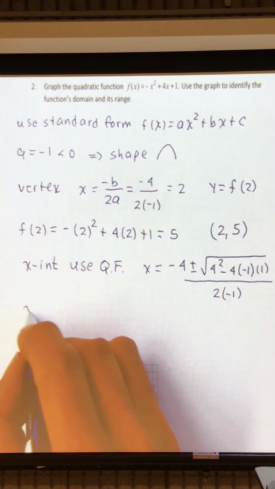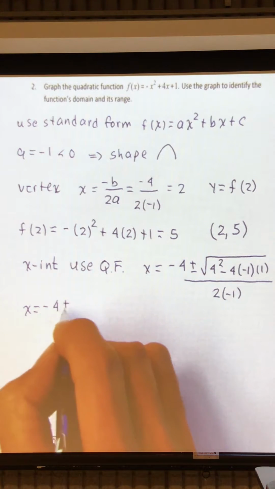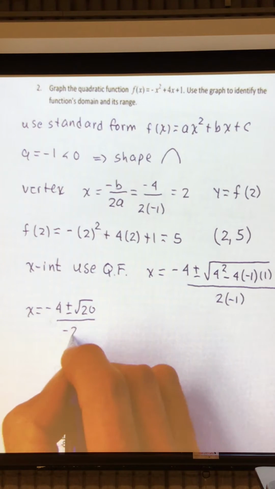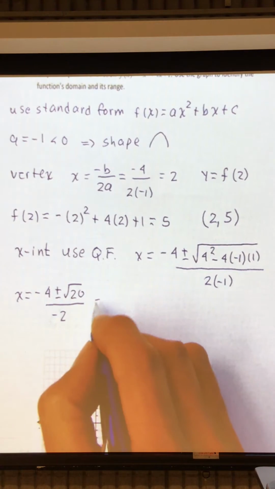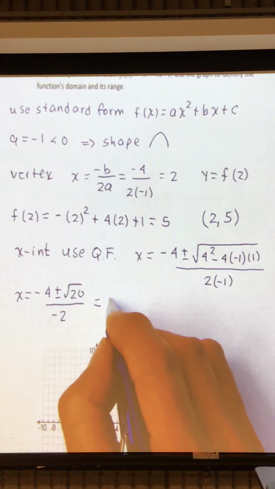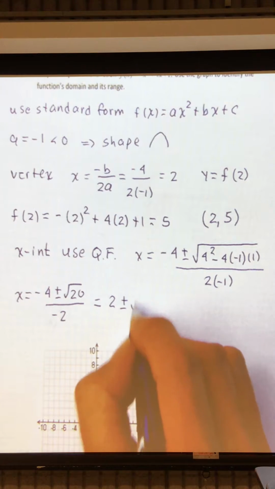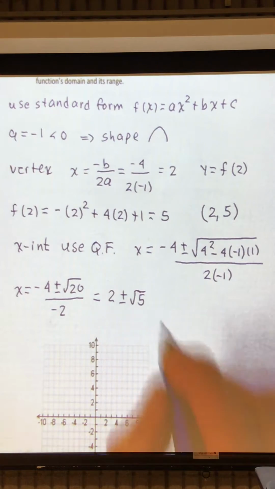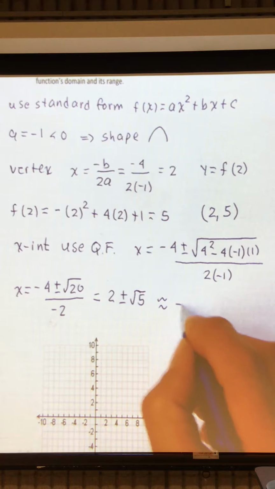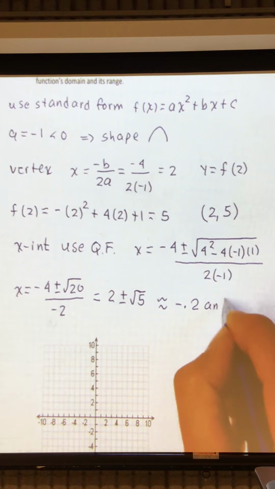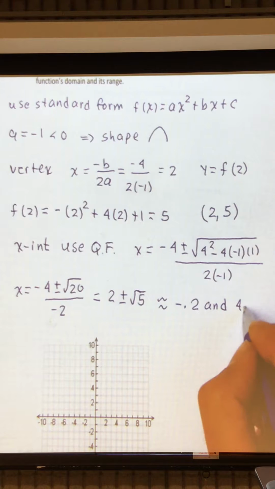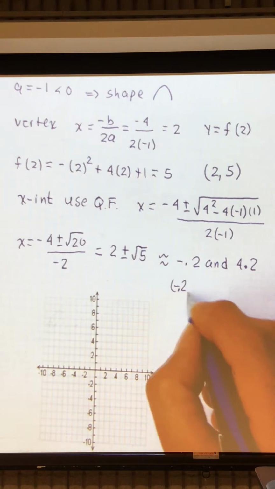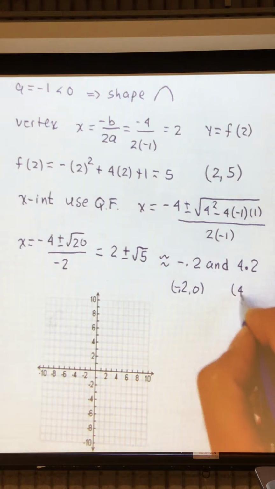Working this through, we find negative 4 plus or minus the square root of 20, all over negative 2. And that will result, after we simplify, in 2 plus or minus root 5. So that gives us two values for our x-intercepts, approximately negative 0.2 and 4.2. So that gives us coordinates negative 0.2, 0 and 4.2, 0.